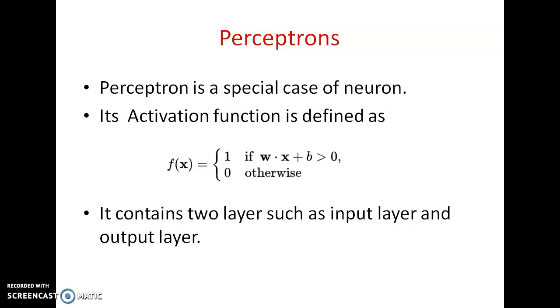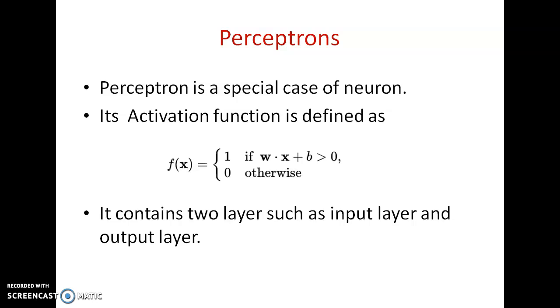The input layer is a node that captures the input values, and the output layer consists of nodes that generate the output values. Perceptrons are generally used to classify data into two parts. Therefore, it is often known as a linear binary classifier.